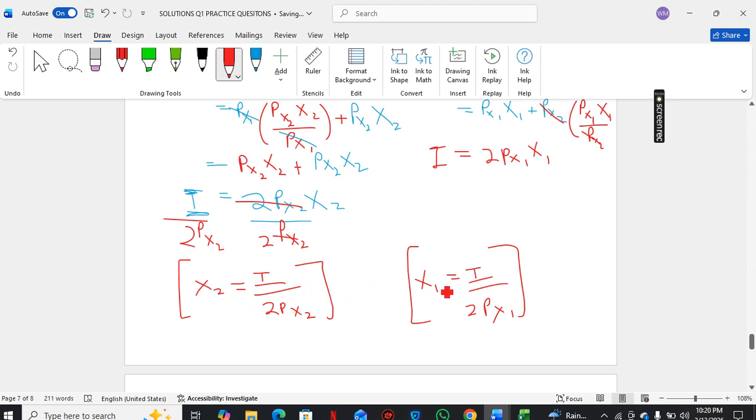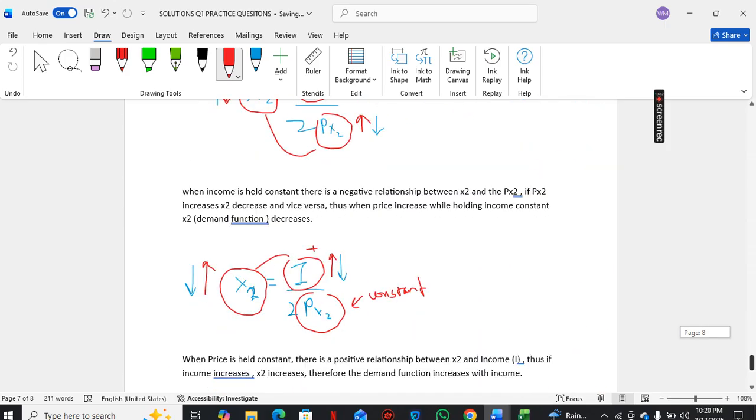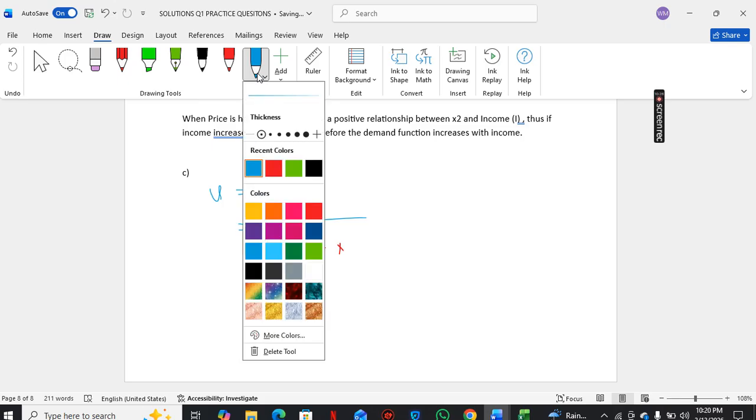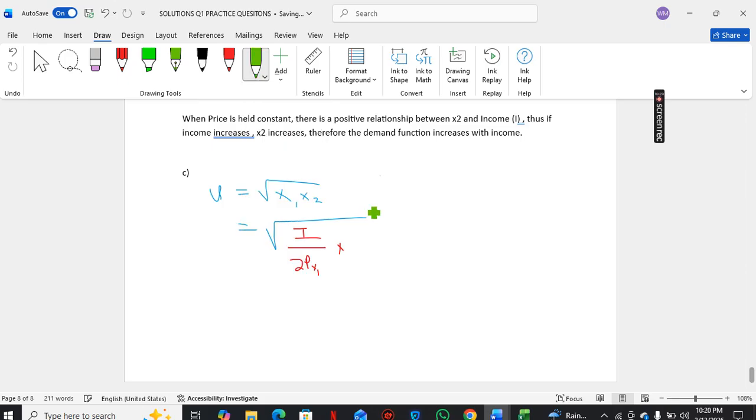Putting them back into the utility function.